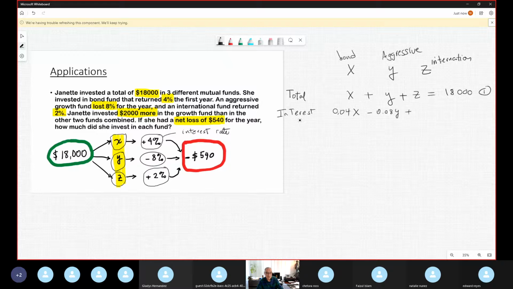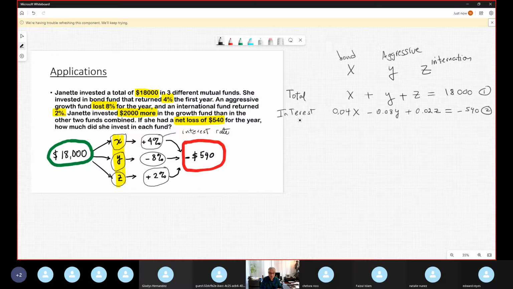And Z is 0.02. I express it in decimal because on the right hand side I put negative 540. This is my equation 2 according to the information given in the problem. I copy it directly and put it in an elegant standard form to start the algebra.